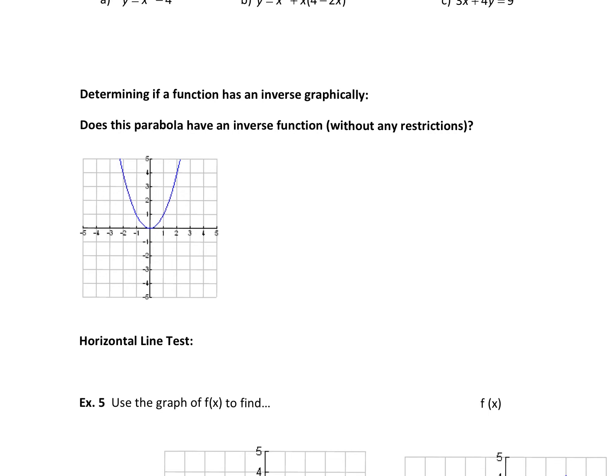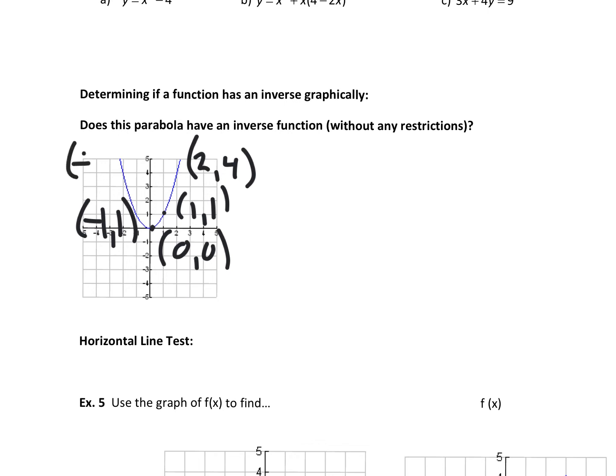Well, if we look here, if I have some points to demonstrate: 0, 0, 1, 1, negative 1, 1, 2, 4, negative 2, 4. Now this is the function. Now we want to look at the inverse of that.